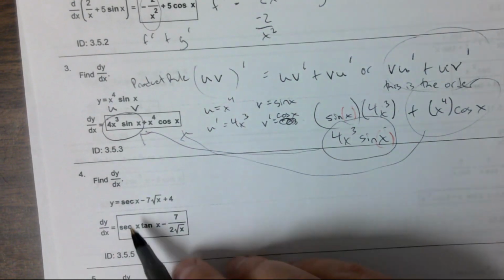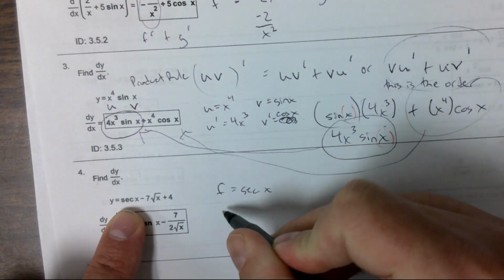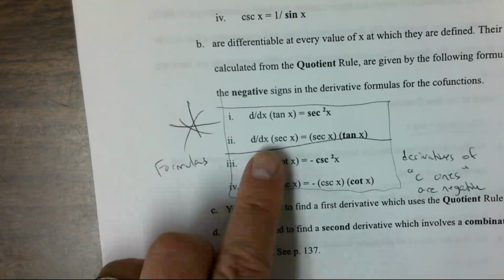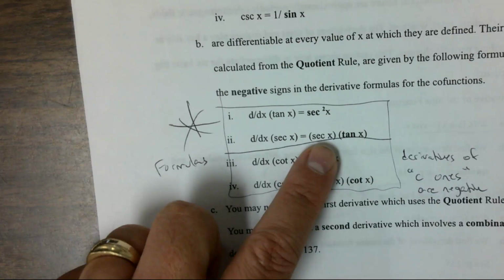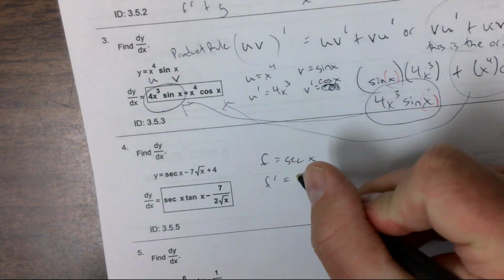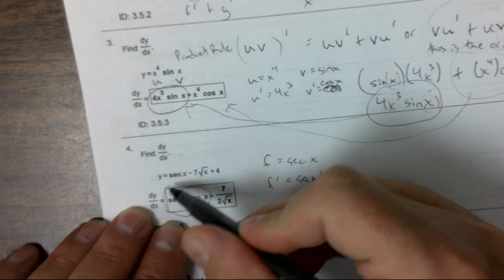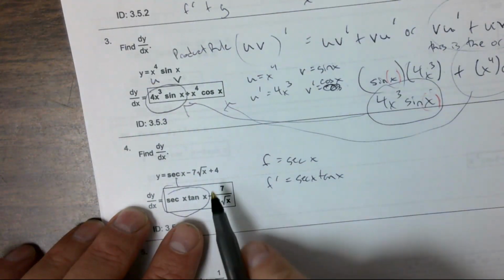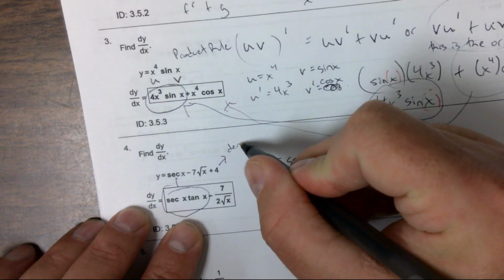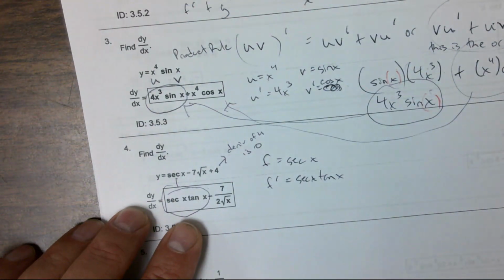Now in this one, you're doing the derivative of secant. So if f is secant, then the derivative, you can flip your paper if you need to, derivative of secant is secant tangent. So we put secant x tan x. And so that's all you do for the front. Now, skip the middle for a minute. The derivative of 4 is 0, because the derivative of any number is 0. So that's why there's not 3 parts.